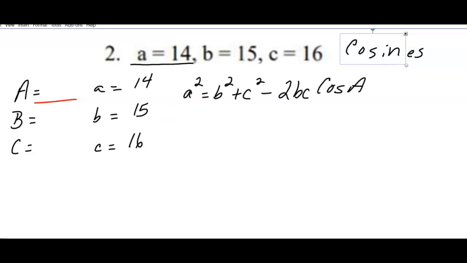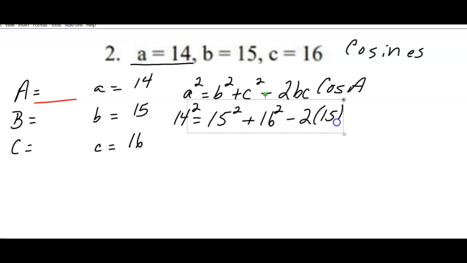We know that A is 14, so 14 squared equals 15 squared plus 16 squared minus 2 times 15 times 16 times the cosine of A.